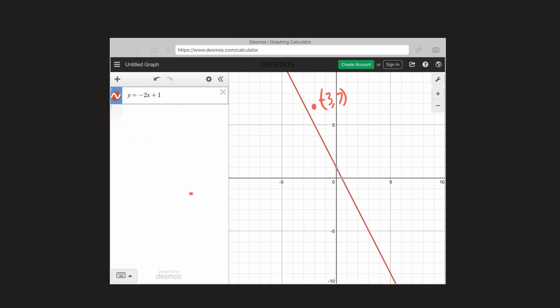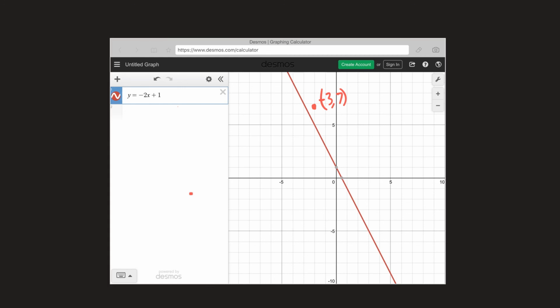So if I did negative 1, I should get 3. So this is what? Negative 2 times negative 1 is 2, plus 1. That is 3. So negative 1 for x and 3 for y. See, that would be negative 1, 3.